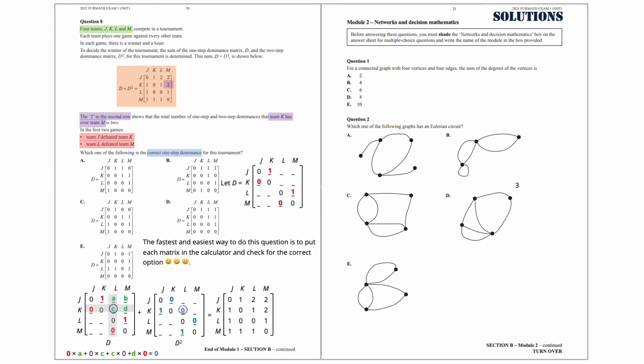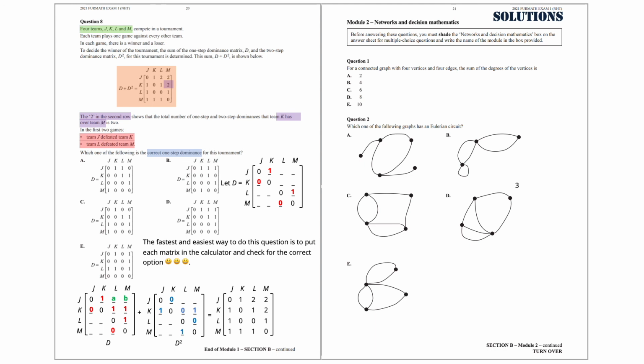C plus 0 must be equal to 1. Therefore, C equals 1. We are now going to multiply row 2 by column 4. So 0 times B plus 0 times D plus 1 times 1 plus D times 0 equals 1. D plus 1 equals 2. Therefore, D must be equal to 1.